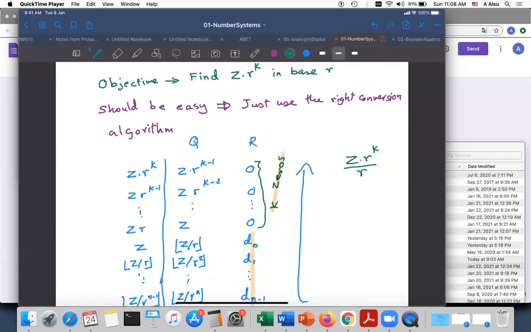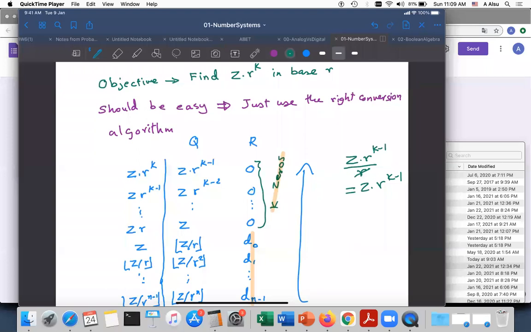What is the quotient here? The quotient, which is the result of the division, is going to be, r cancels with 1 power of r, so z times r to the k minus 1. This is the quotient. What is the remainder? 0.